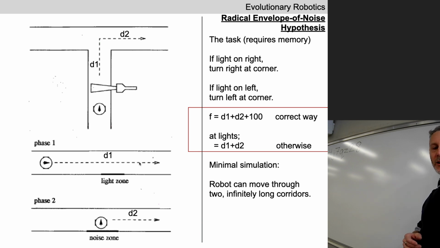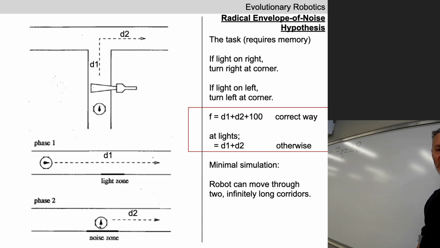If D1 is large enough and the robot starts to travel into the intersection, that robot and controller are teleported out of this simulation and dropped into this simulation here, which is just the top of the T. You'll notice there's something called the noise zone back here.